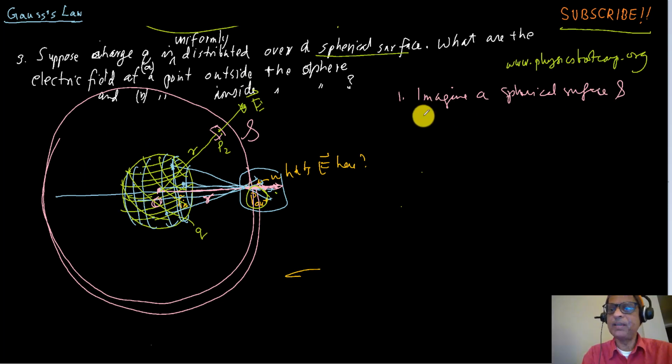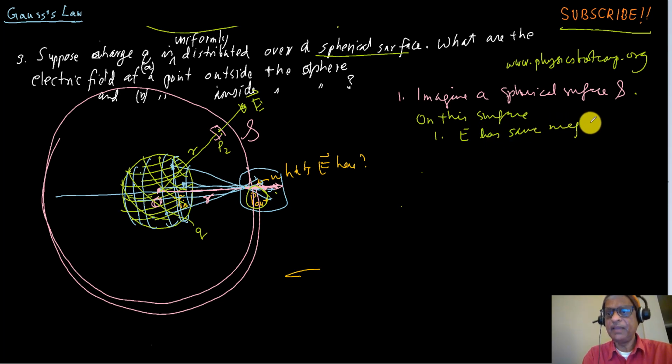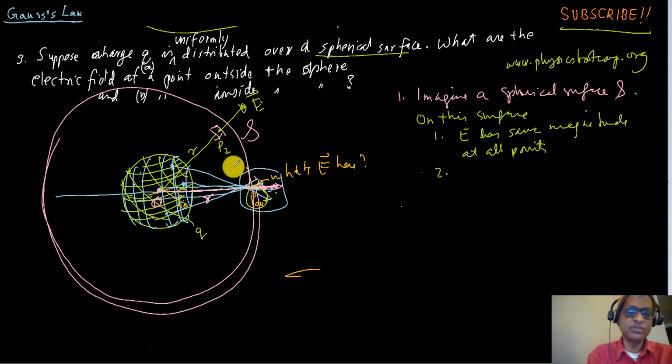So on this surface we notice electric field has same magnitude at all points. And second thing we notice on this surface is the direction of the electric field. If these are positive charges, the direction is this way.